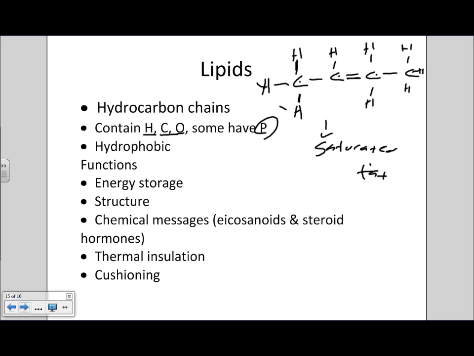So this is what a saturated fat would look like, and this is what an unsaturated fat would look like. Wherever these double bonds take place, it forms kinks in these tails, and it gives these fats specific shapes. So keep that in mind. That's all the differences between a saturated and unsaturated fat.